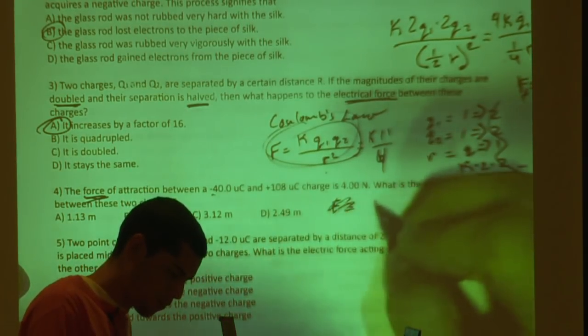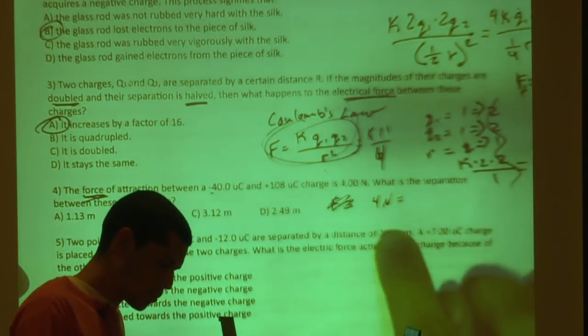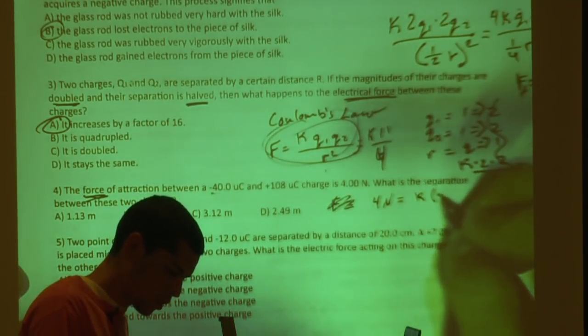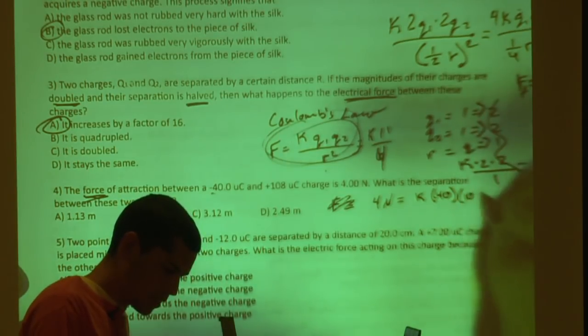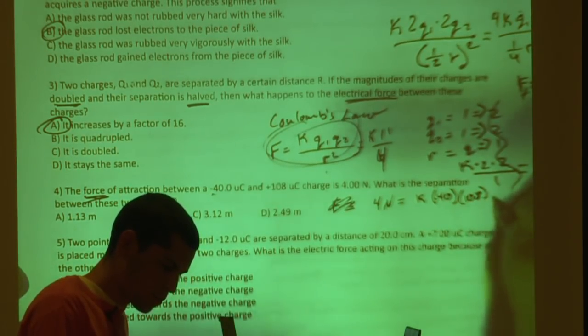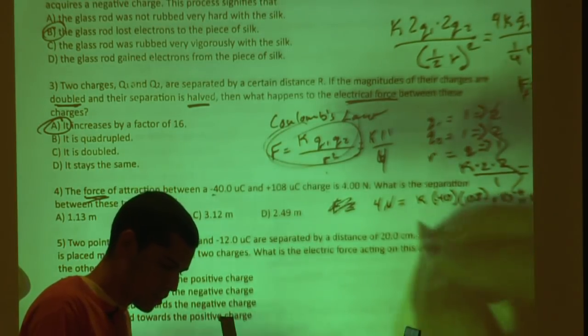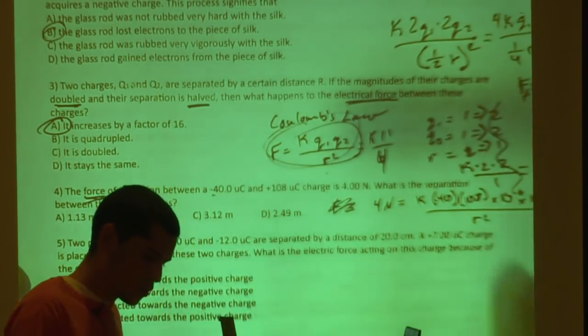So actually let's write 4 newtons is equal to K times the first charge, negative 40, times 108, and these are micro, so we'll do times 10 to the negative 6 twice, over R squared.